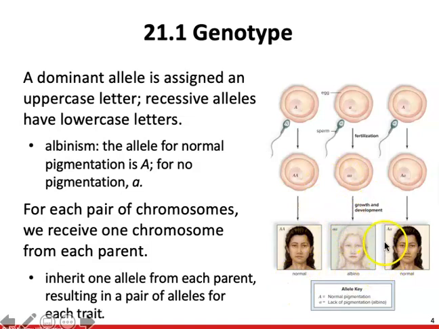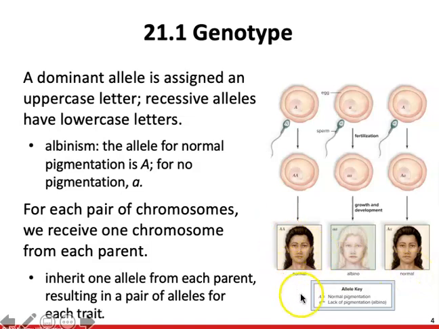Homozygous recessive, on the other hand, two alleles for the recessive trait, is going to give us an albino phenotype, or a complete lack of pigmentation. In the case that the individual is heterozygous, this is also going to give us a normal pigmentation phenotype.